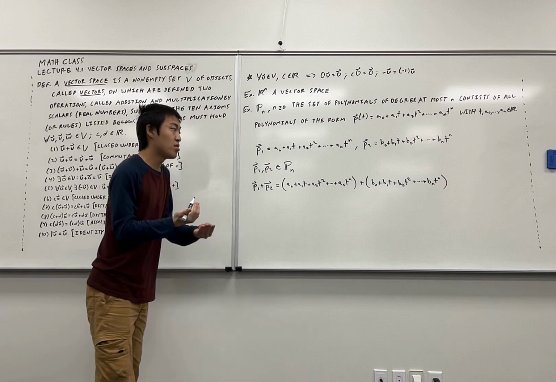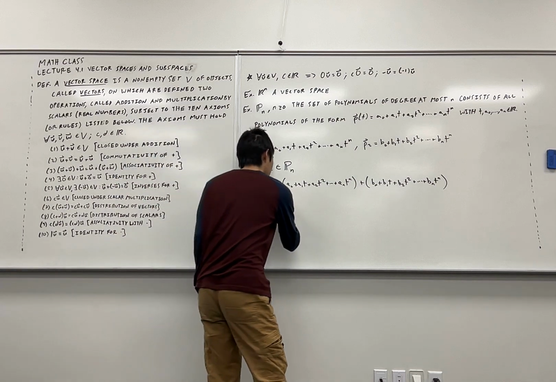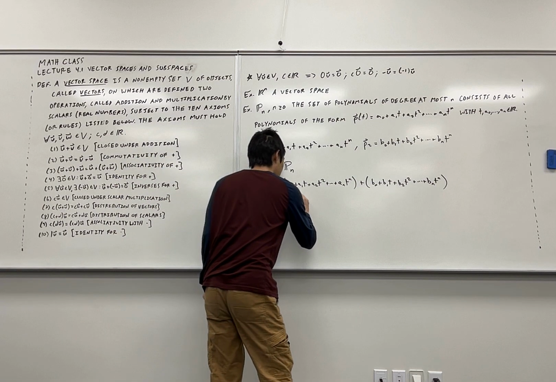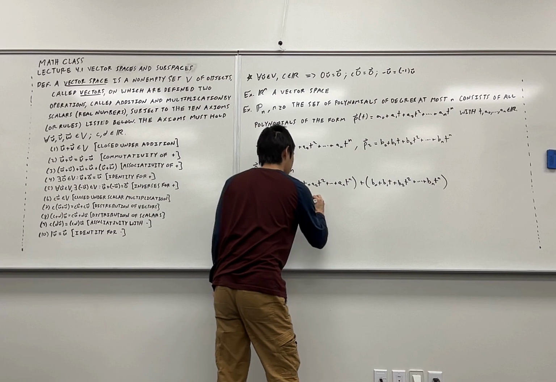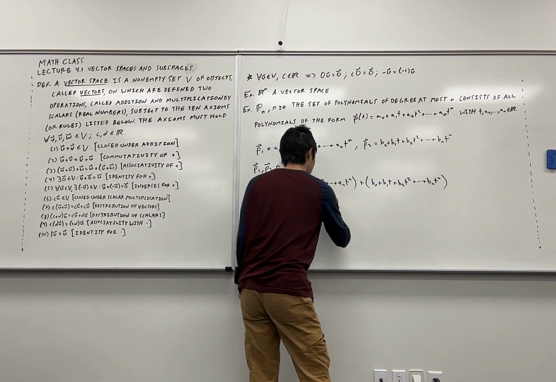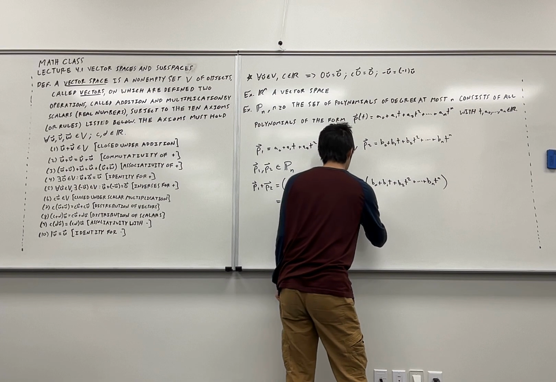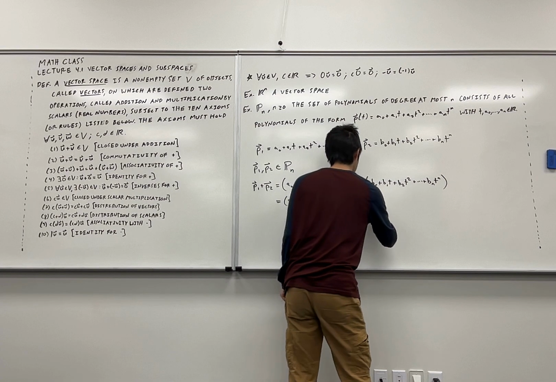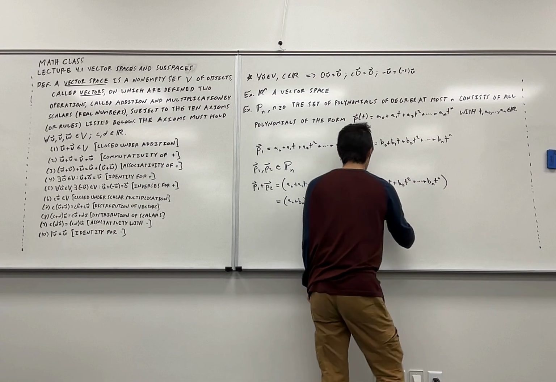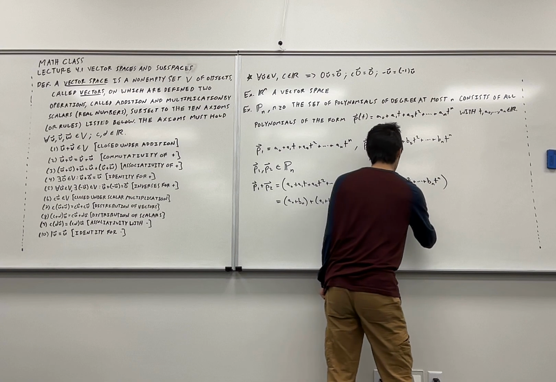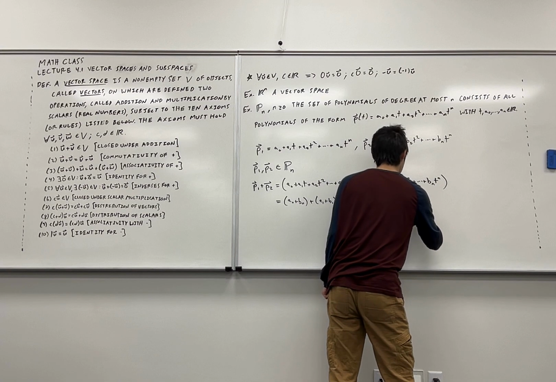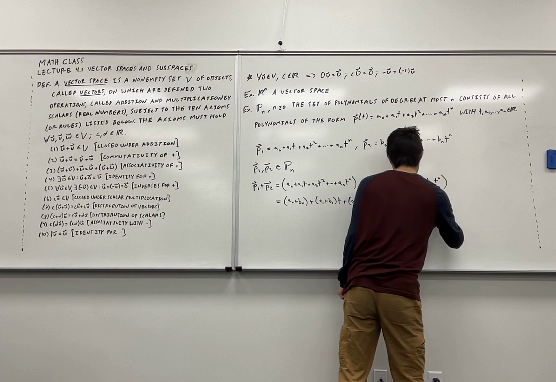And we see we can just put all like terms together. So this is going to be a naught plus b naught, and then plus (a1 plus b1) times t, and then all the t squareds together. So (a2 plus b2) t squared, so on and so forth, and I can group the a sub n and the b sub n together for t to the n.